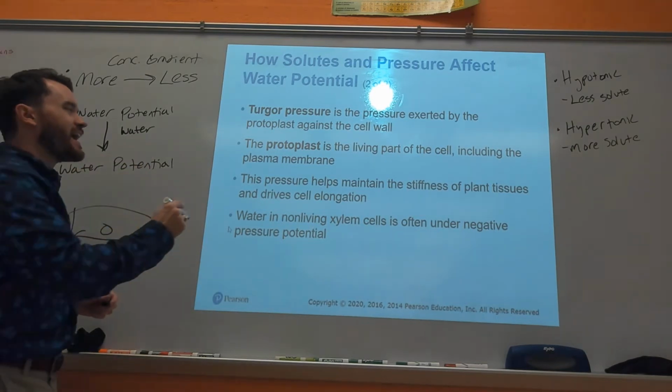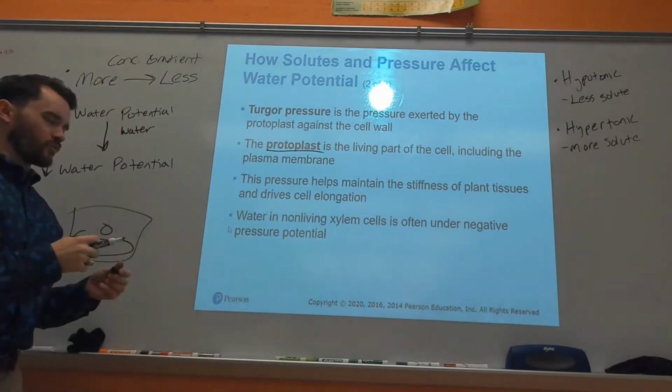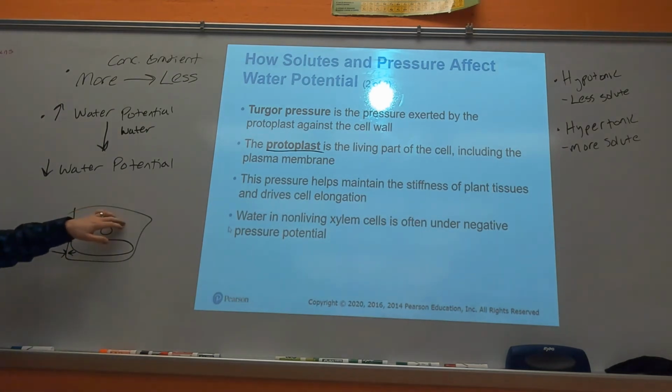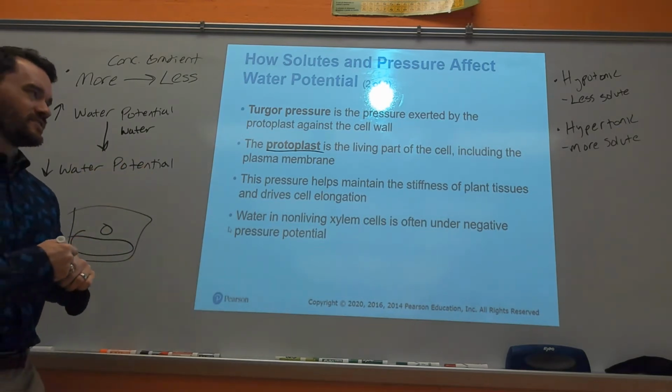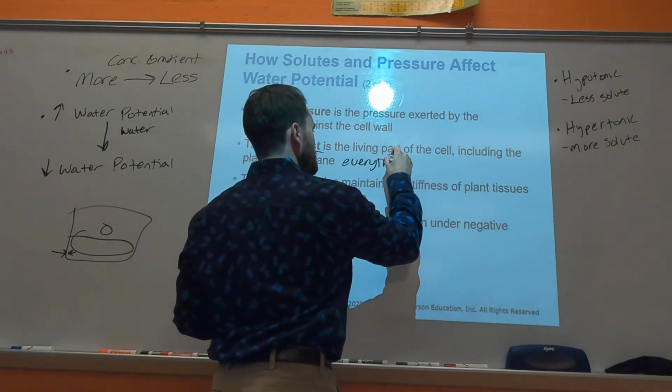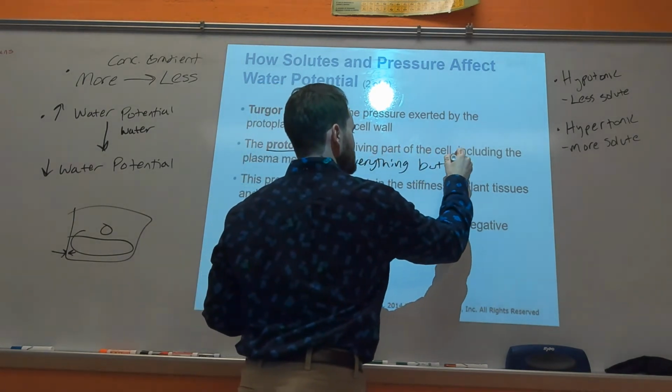The protoplast, it's kind of a more random vocabulary word, but basically the protoplast is referring to everything in the plant cell but the cell wall. So they call it the living part of the cell. Basically the non-living part of a plant cell is the cell wall.